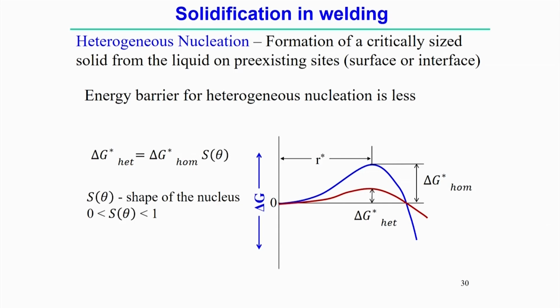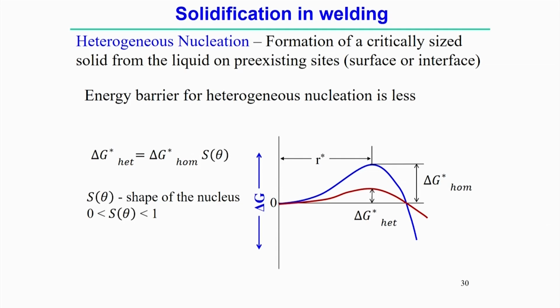The driving force may be different in the case of heterogeneous nucleation, but any kind of inclusion present in the liquid metal, or any interface or surface, initiates the nucleation in the heterogeneous nucleation process.